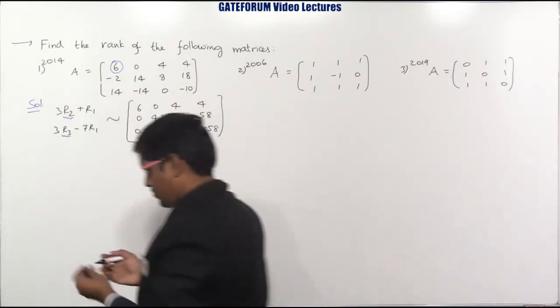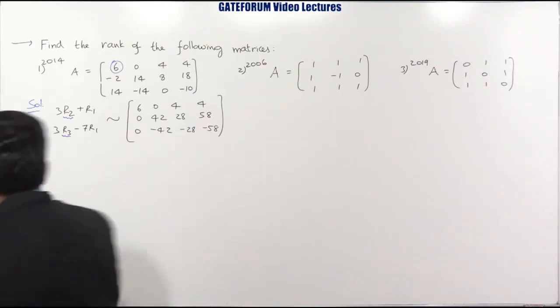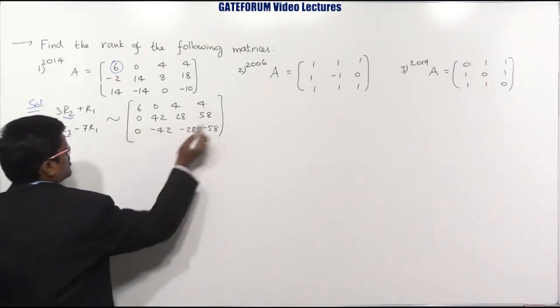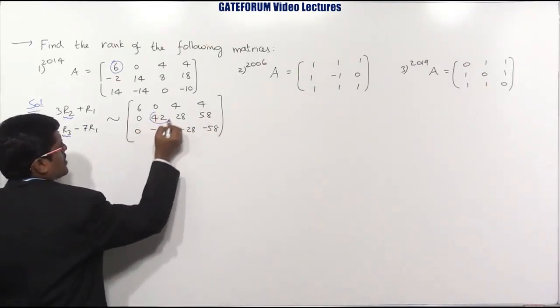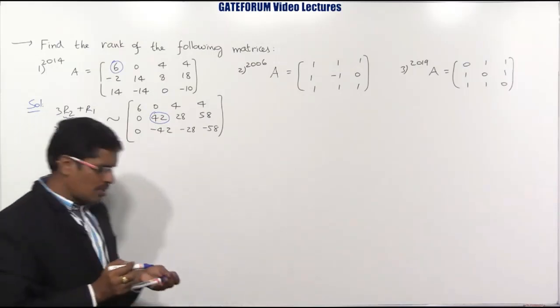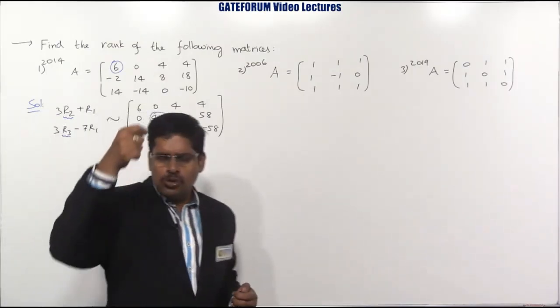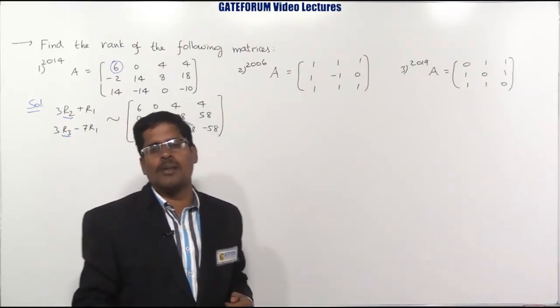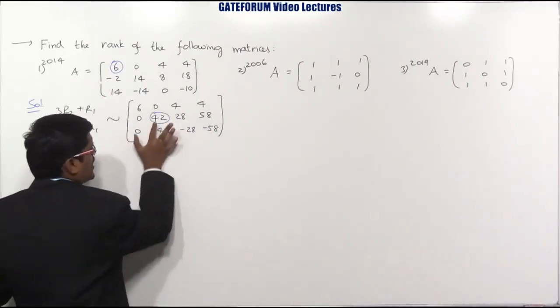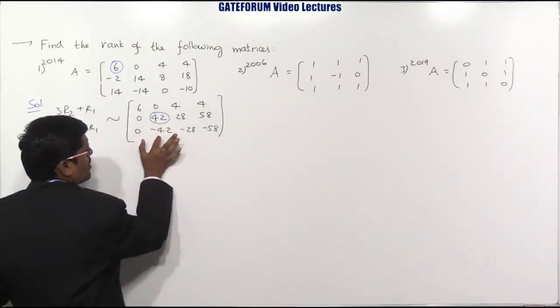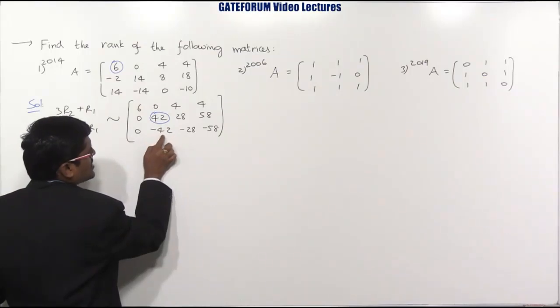Okay. Next, the first row step is over. Come to the second row. Where is the first non-zero element? That is the diagonal element. So 42 is the first non-zero element. Again, what is our aim? You have to make its exact down element 0. What is the exact down element? That is the element below it, minus 42. This minus 42 is in the third row.